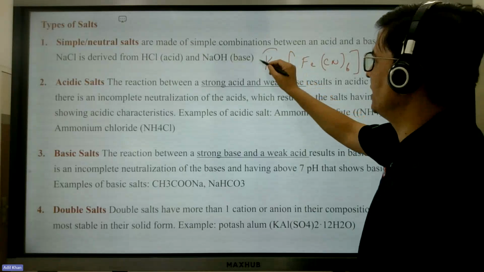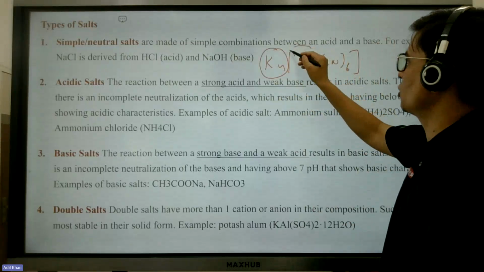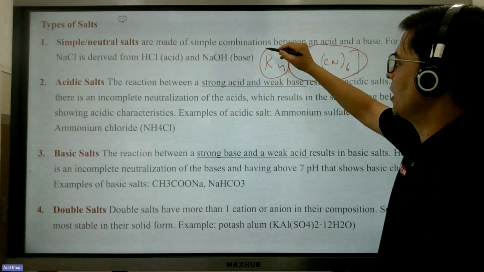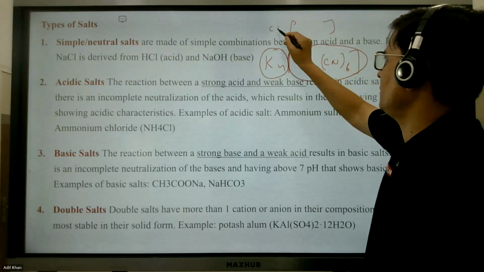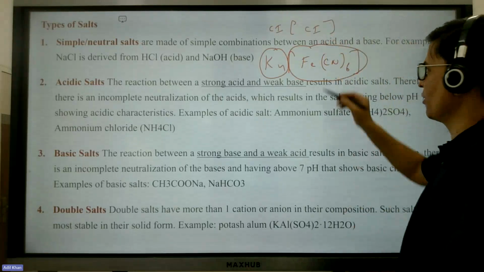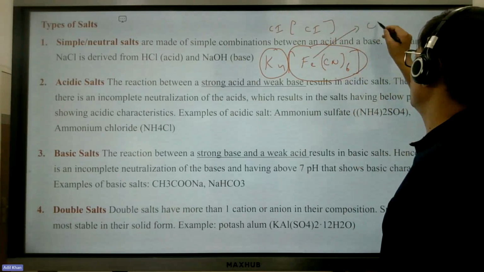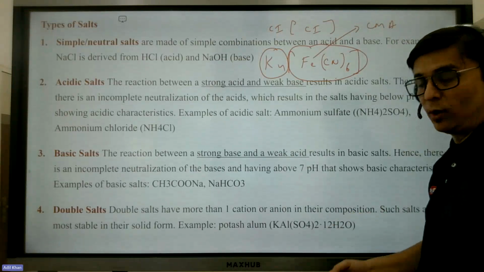This is known as the counter ion. You will read in future, and this is known as the complex ion. The counter ion is outside the square bracket and the complex ion is inside the square bracket. In the complex ion, this iron is known as the central metal atom, which is generally d-block.